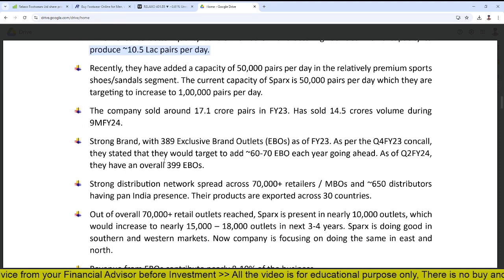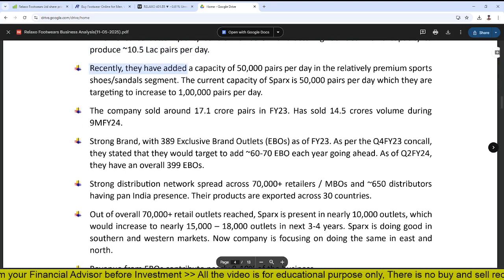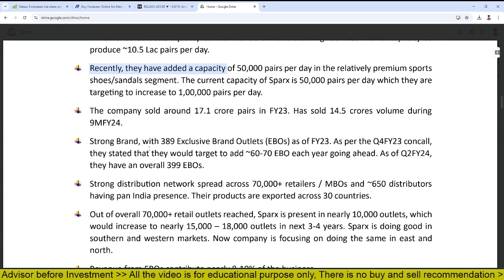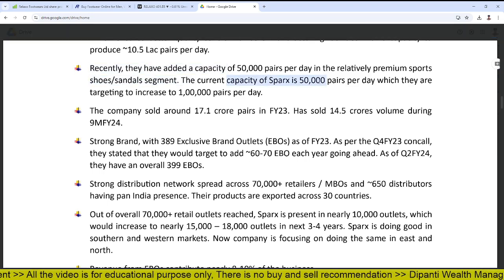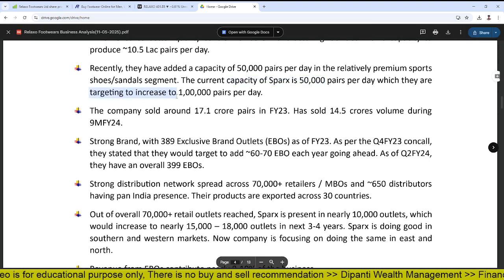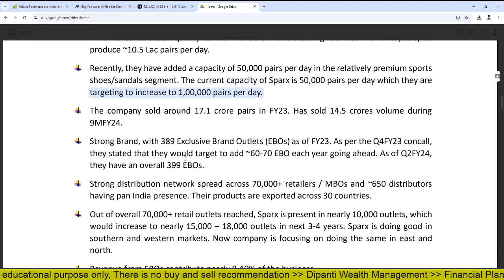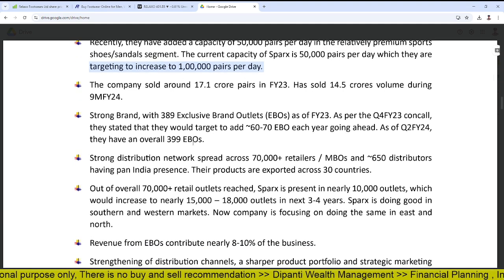It's a huge capacity. Recently they have added a capacity of 50,000 pairs per day in the relatively premium sports shoes or sandal segment. The current capacity of Sparks is 50,000 pairs per day, which they are targeting to increase to 1 lakh pairs per day. So the company is targeting some growth in this space.